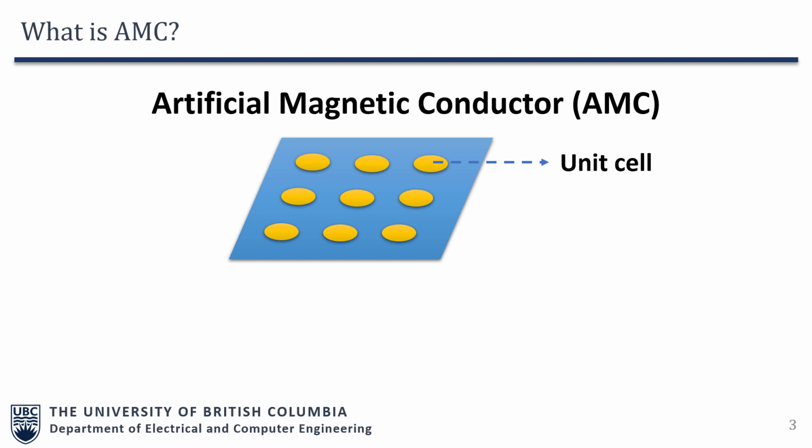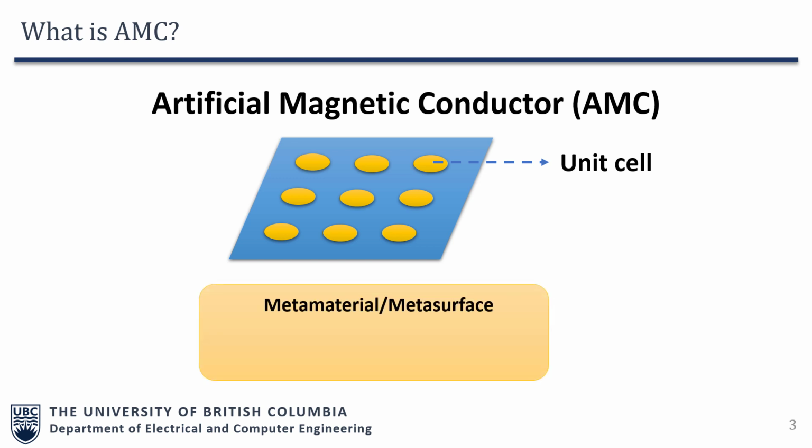If you know about metasurface or metamaterial, you might have heard about its subcategories or subsets like FSS, or frequency selective surface. So AMC is a subset of this metamaterial or metasurface.